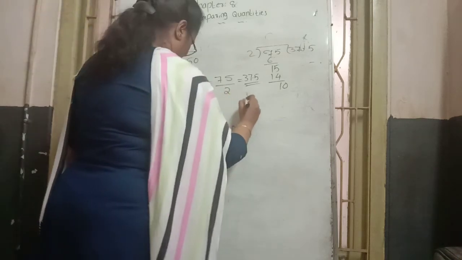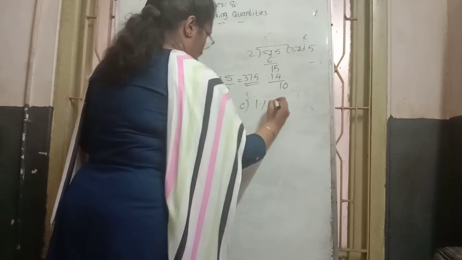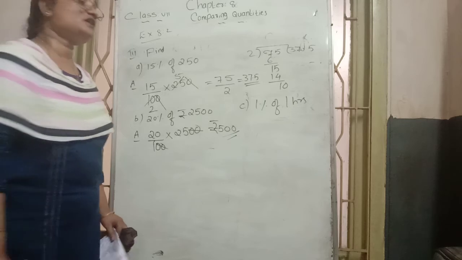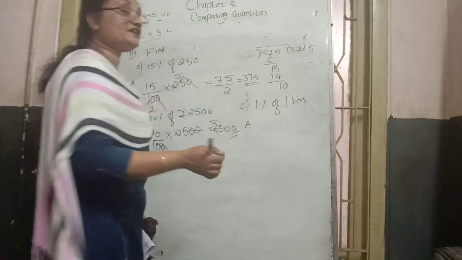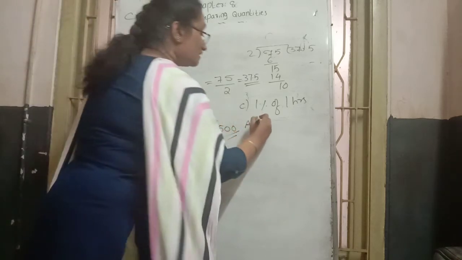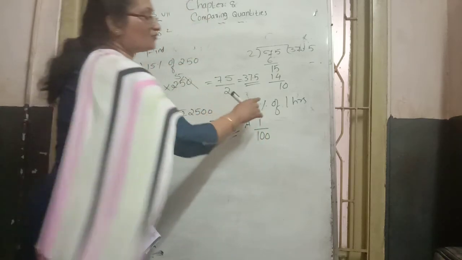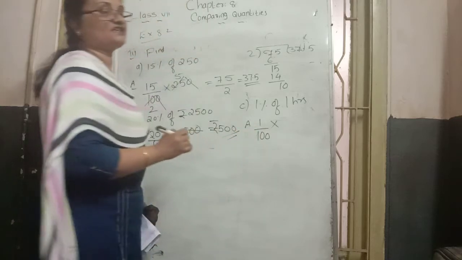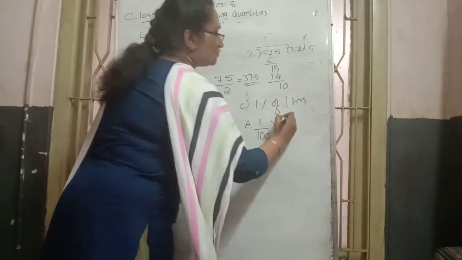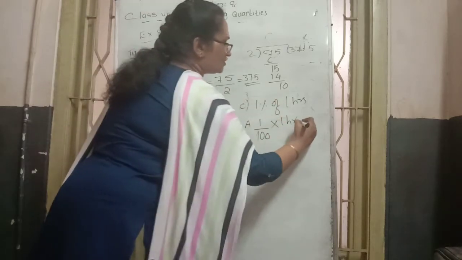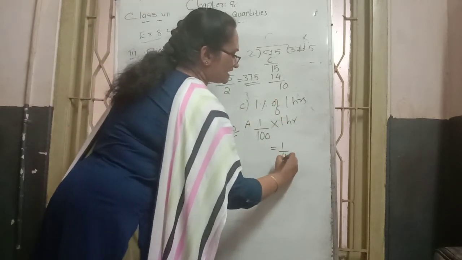Then one more question, C: find out 1% of 1 hour. How to find out? First we remove the 1% symbol by dividing with 100. Of represents multiplication into 1 hour. Cancellation not possible, so numerator into numerator becomes 1 by 100 hour.